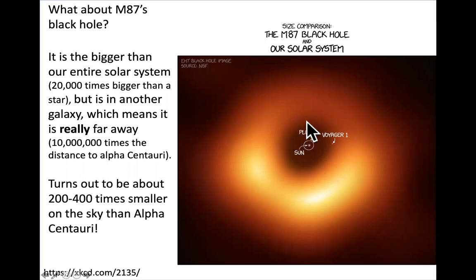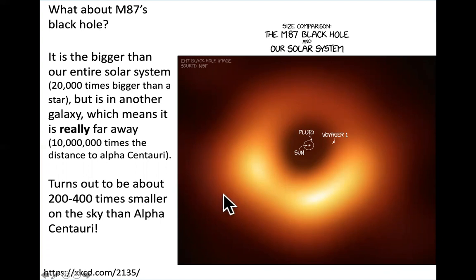Now, this black hole is particularly large. It is larger than our own solar system, as we already talked about. So it's 20,000 times bigger than a typical star. But getting this picture was a major feat of astronomical image processing because this thing is really far away.